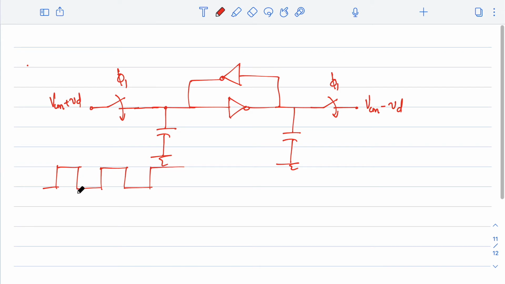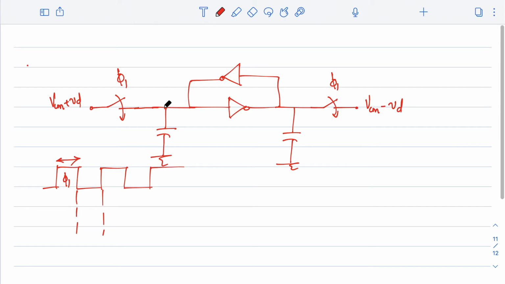So why I said that the sampling instant is the falling edge is because I cannot allow the inverter to start the regeneration process during the entire time of phi 1. That will not make any sense, because I am trying to connect a data and the inverter is operating on the data, and this node will be already in regeneration process, right?